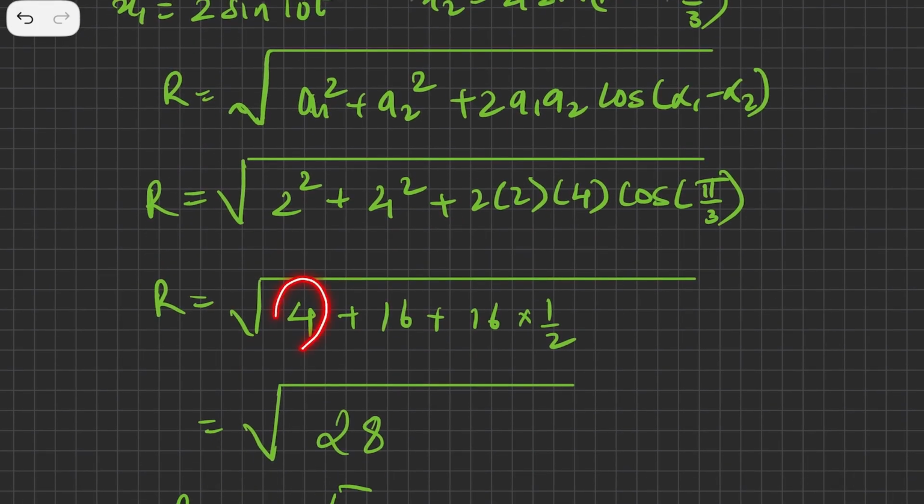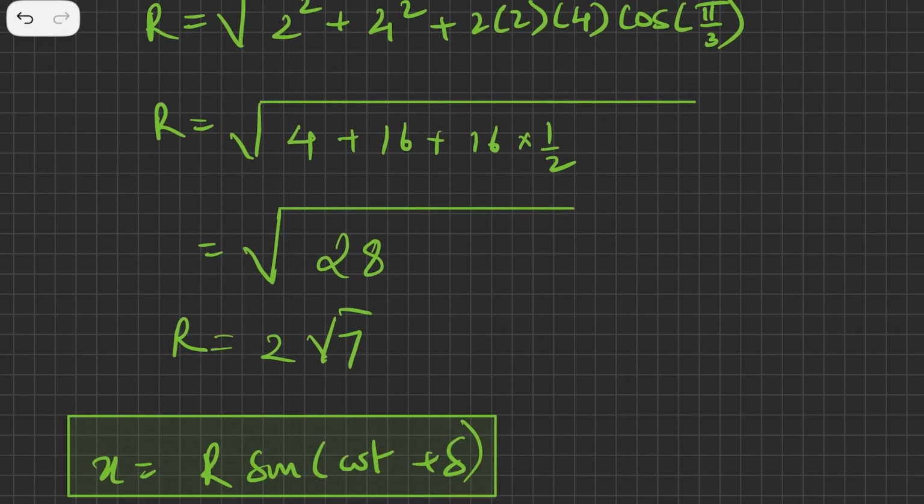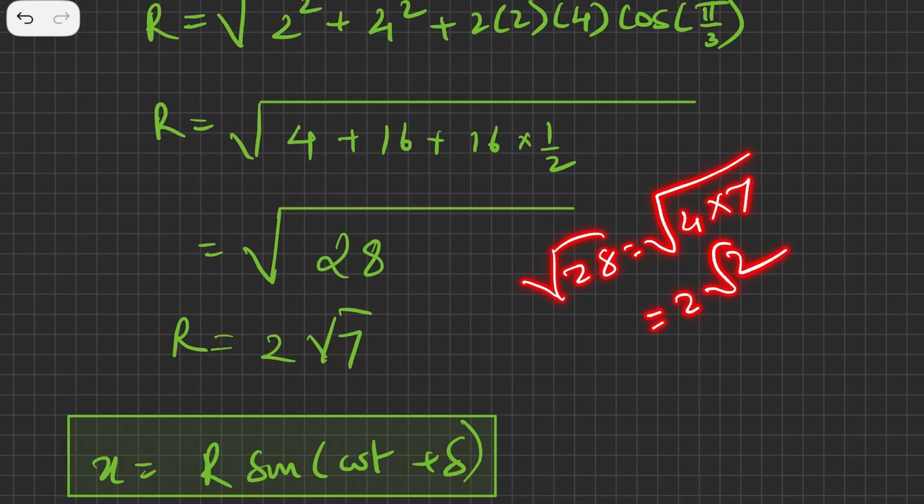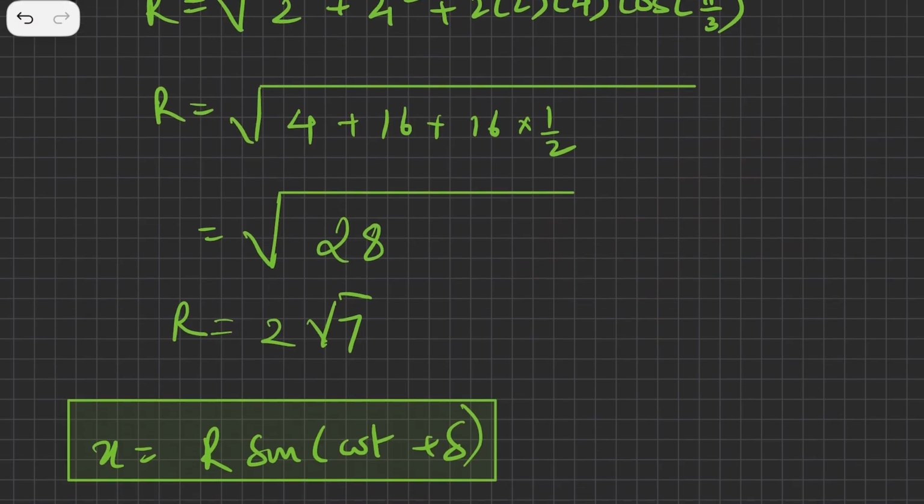Now 2 square is 4, 4 square is 16, and 2 times 2 times 4 is 16. Pi by 3 is 60 degrees, cos 60 is half. This cuts off and you get root of 28, which I can write as root of 4 times 7, and 4 can come out. So 2 root 7.